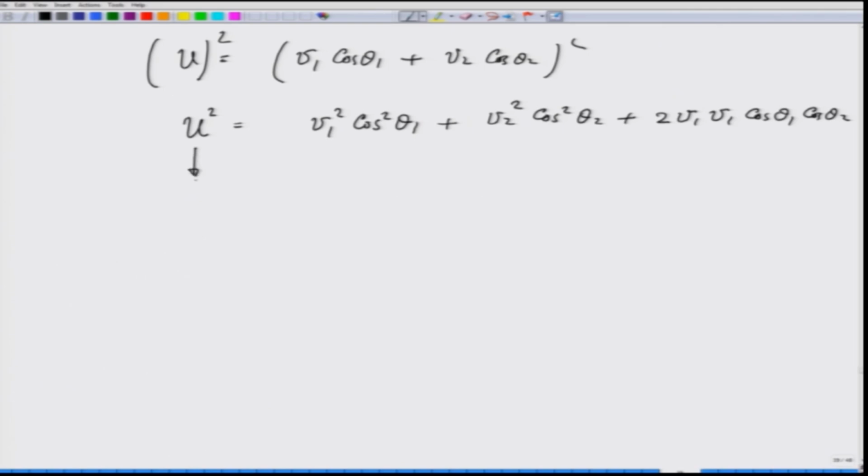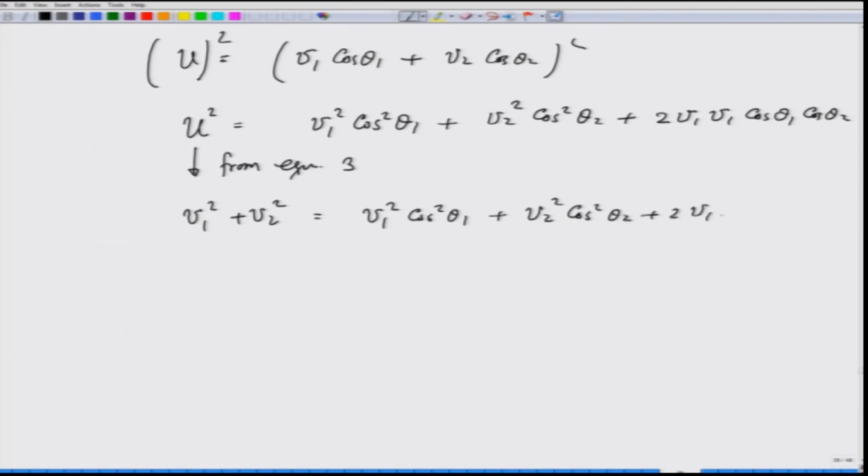But u square from equation 3 I already know is v1 square plus v2 square, because it is an elastic collision. This comes out to be v1 square cosine square theta 1 plus v2 square cosine square theta 2 plus 2 v1 v2 cosine theta 1 cosine theta 2.